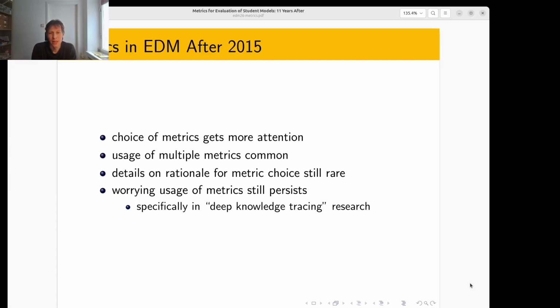And my impression is that there are still many cases where worrying usage of metrics persists, particularly in deep knowledge tracing research. Many deep knowledge tracing papers pay a lot of attention to the technical details of the neural networks that they are using, but then the evaluation methodology is described only briefly.